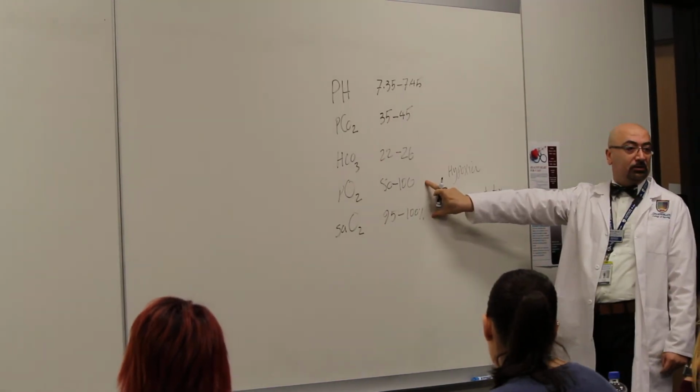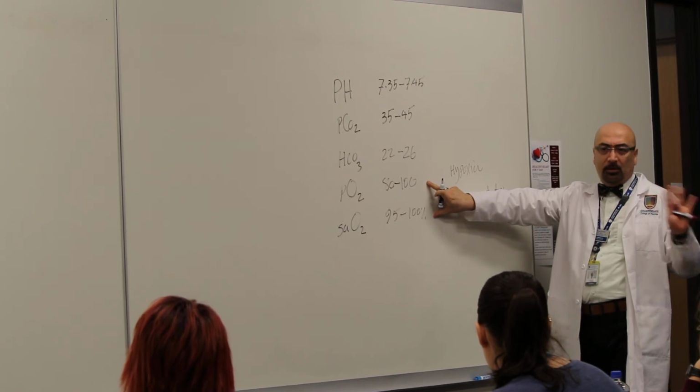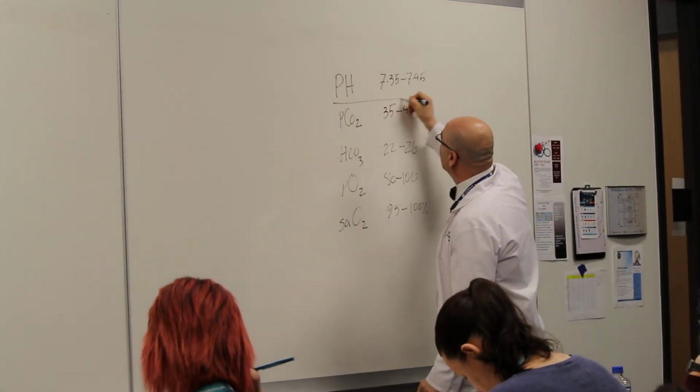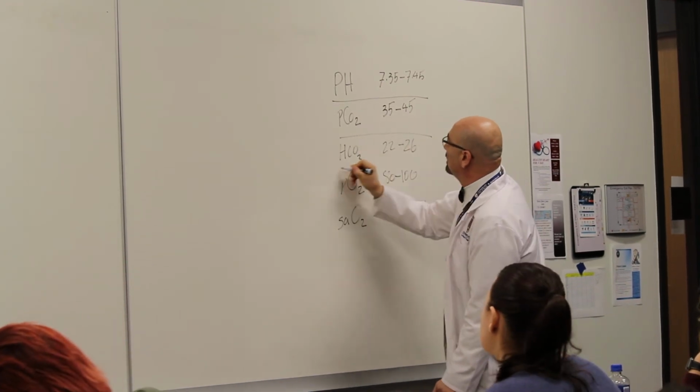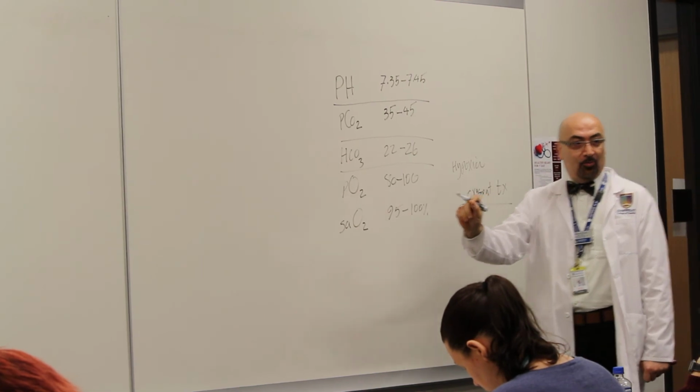That's why you look at these, whether you need to give oxygen to a patient or not. Other than that, it's not really part of this, right? I'm going to explain why or why not.